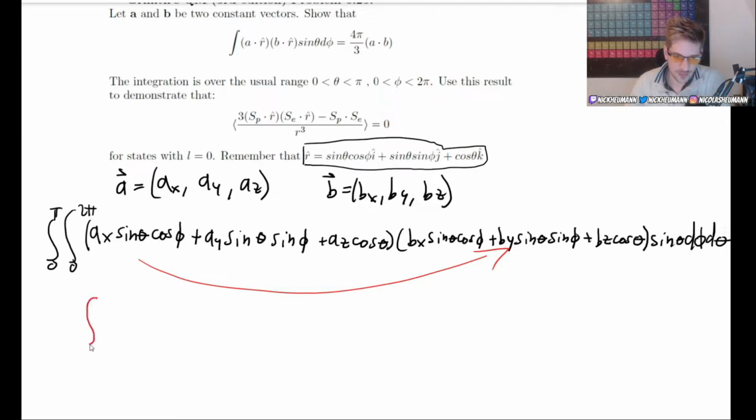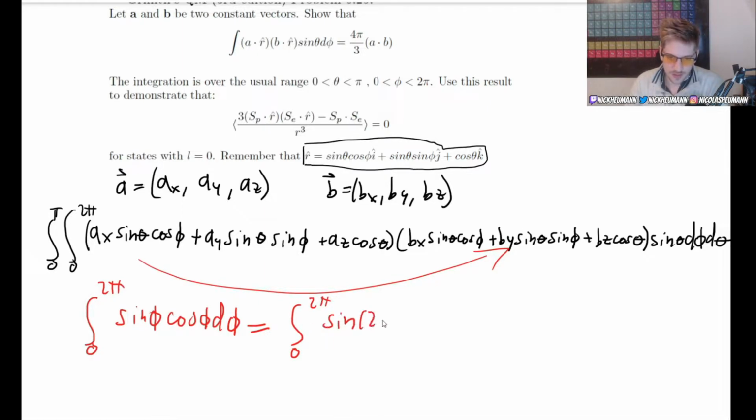So if we are integrating from 0 to 2 pi, sine theta times cosine, not theta, phi, sorry. Sine phi cosine phi. Now this might ring a bell. If it doesn't, don't worry, I'm going to walk you through it. So let's just integrate this. What we get here, we can just rewrite as sine of 2 times phi divided by 2, and of course d phi.